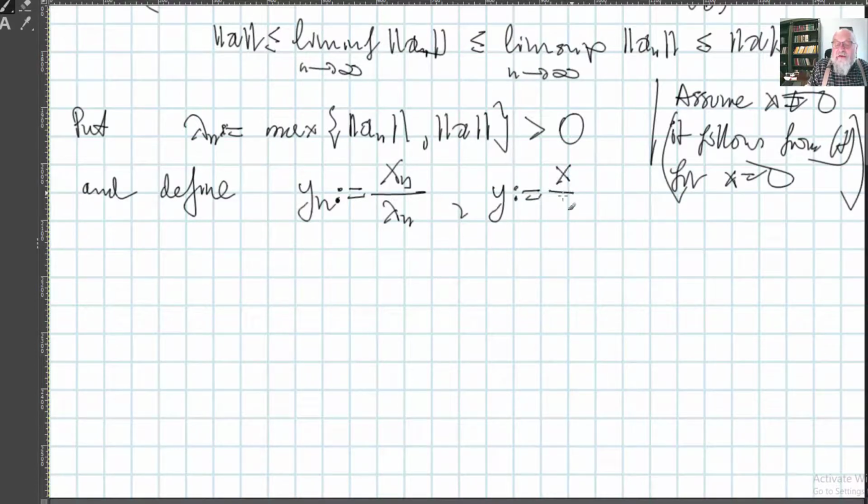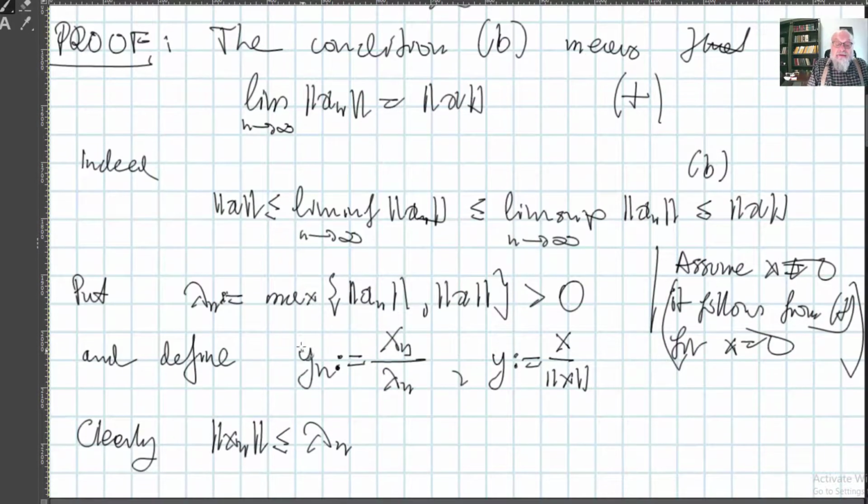Then clearly, you can see immediately that the norm of xn is smaller than or equal to lambda n by the definition. Yes, look, this is the definition, so lambda n is definitely larger than or equal to the norm of xn.